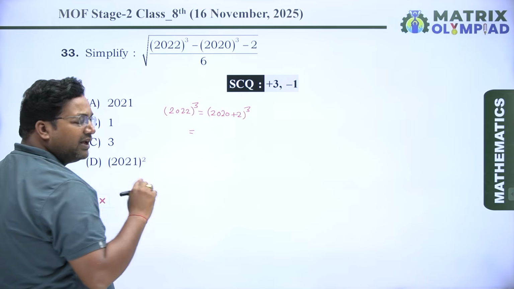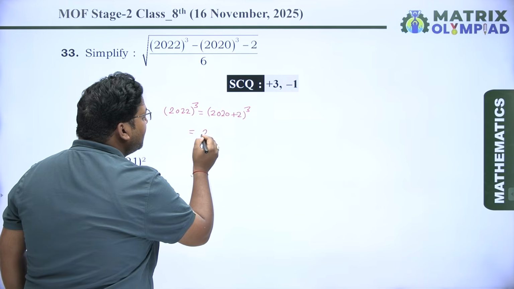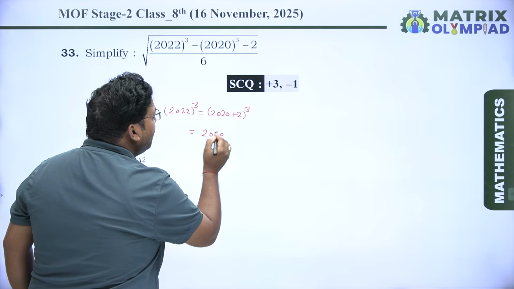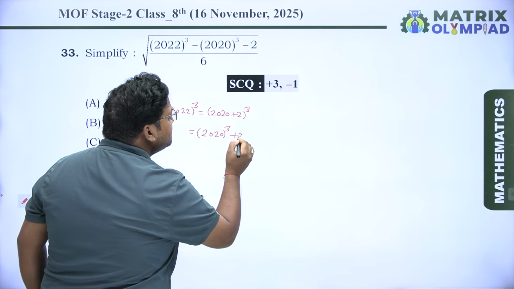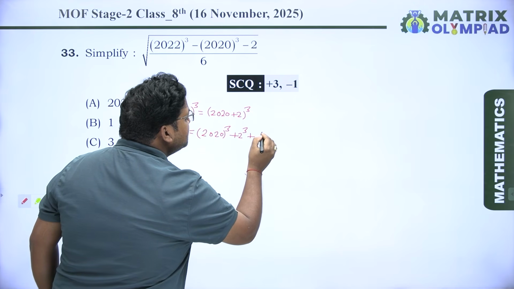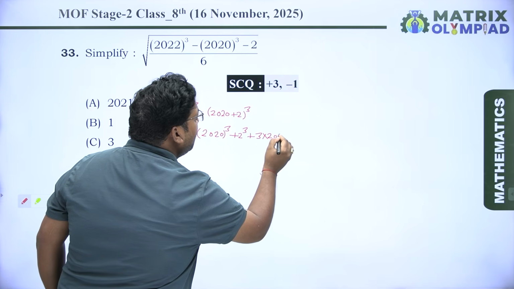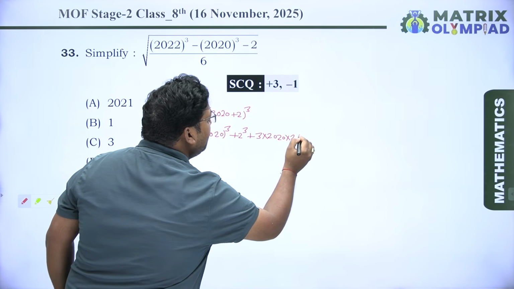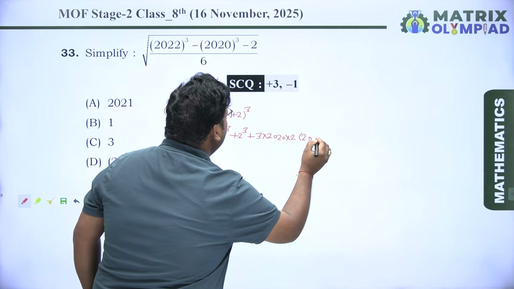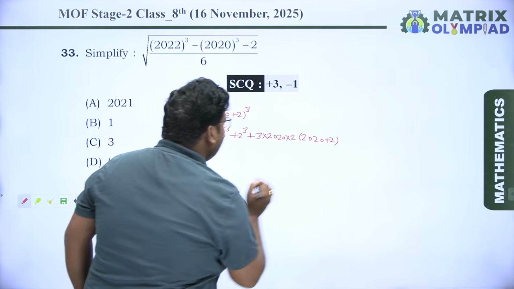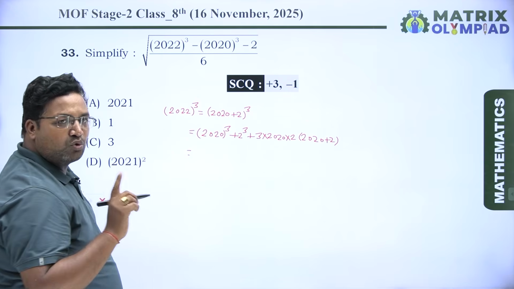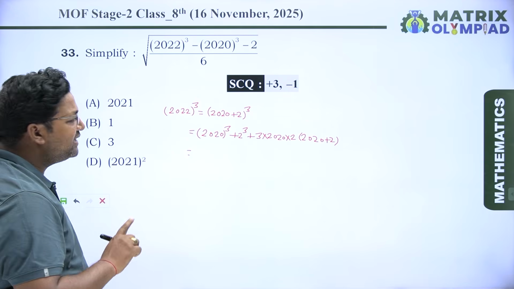So the value of (a plus b) whole cube is a cube plus b cube plus 3 into a into b into (a plus b). Here the value of a is 2020 and the value of b is 2.